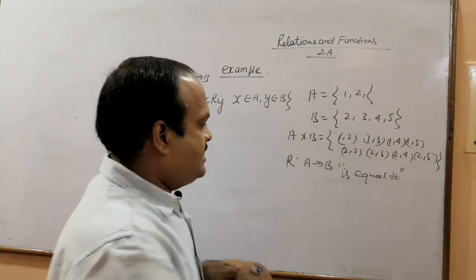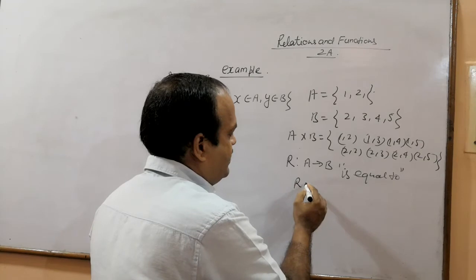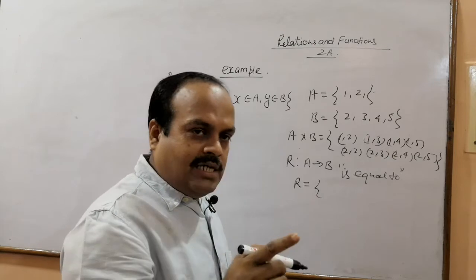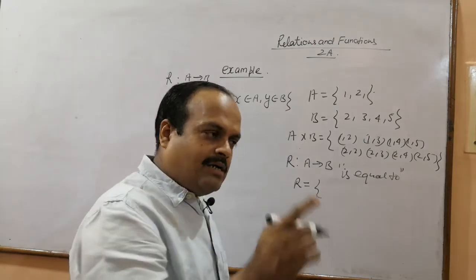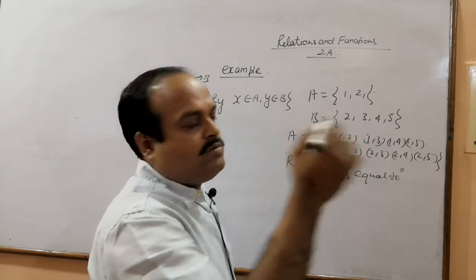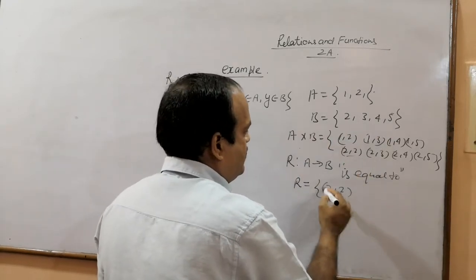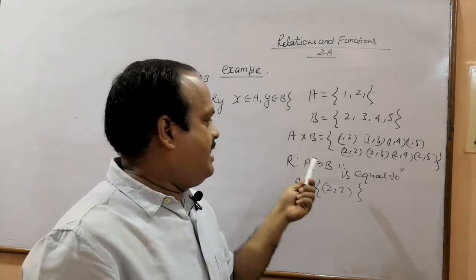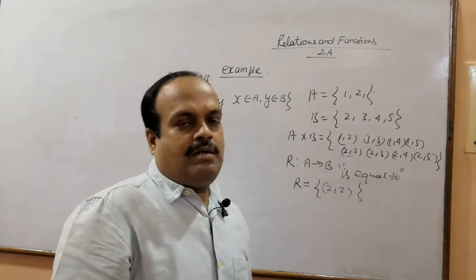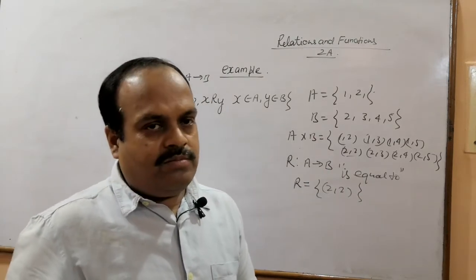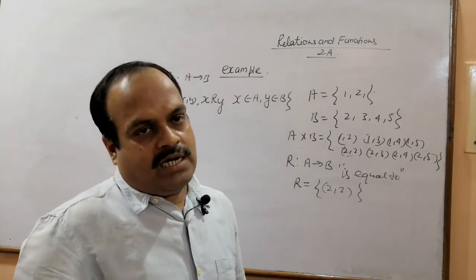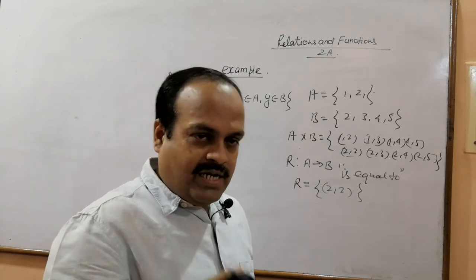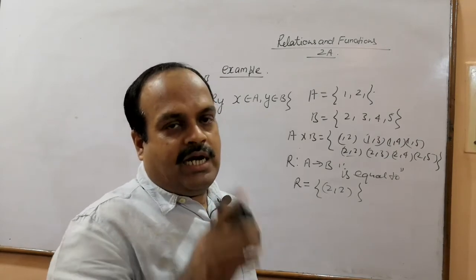No. So in this relation R from A to B, we will get only one element, an ordered pair such that the first entry is equal to the second entry: (2,2), where 2 is an element of A and this 2 is an element of B. I hope you have understood how the relation R is defined. Now let us go on to understand the domain, range and codomain.